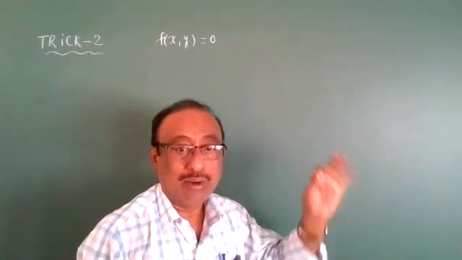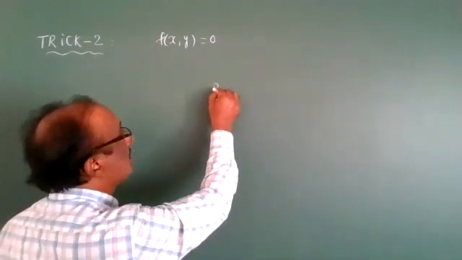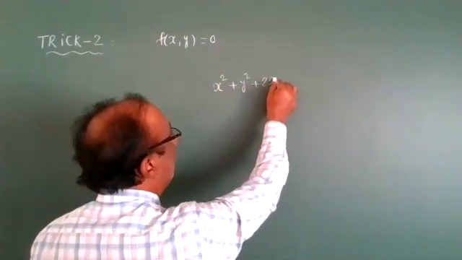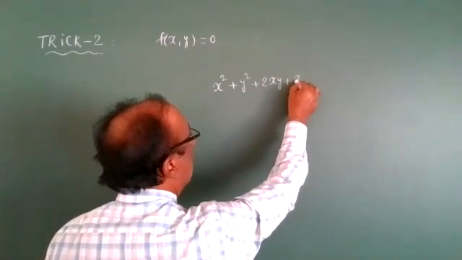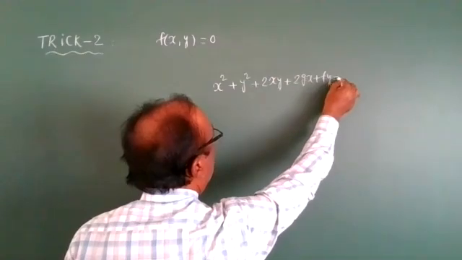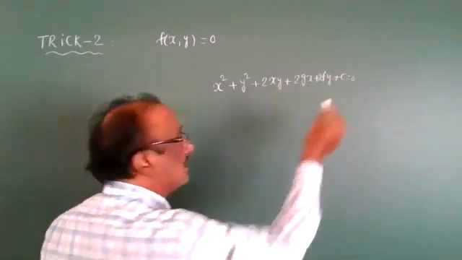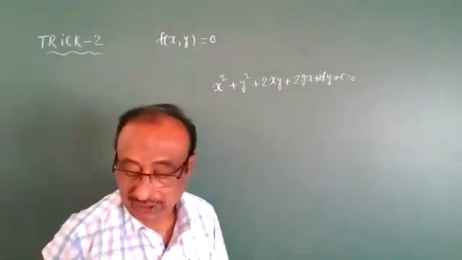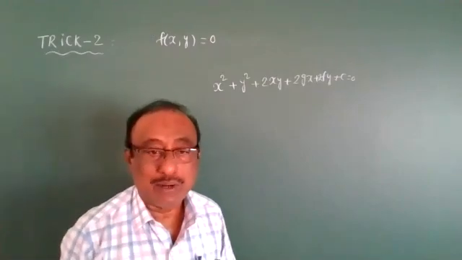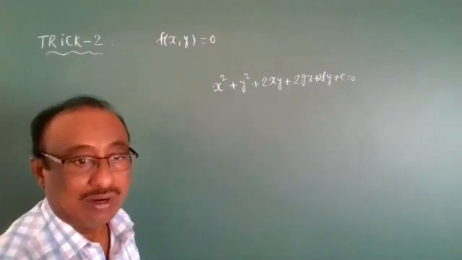For example, the equation x square plus y square plus 2xy plus 2gx plus 2fy plus c is equal to 0. It is not possible to write y is equal to, not possible to separate the y terms and x terms. That is the implicit function.